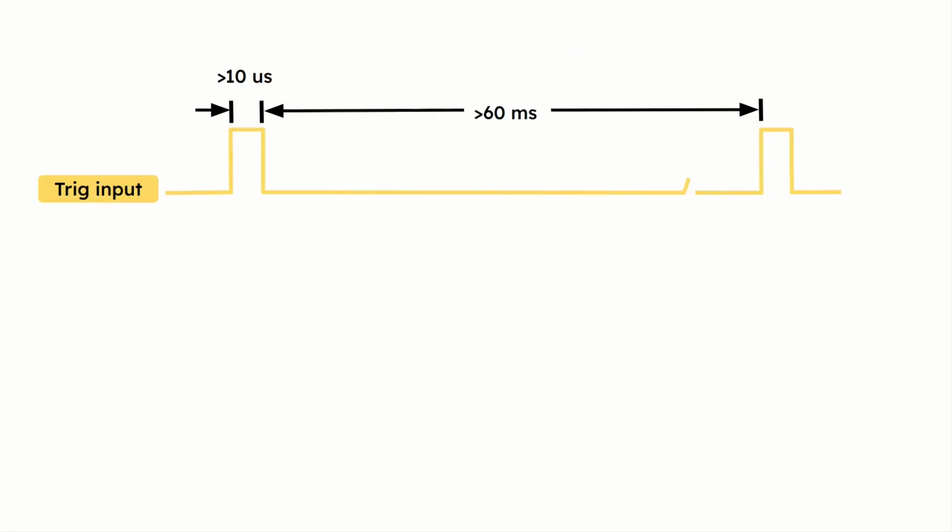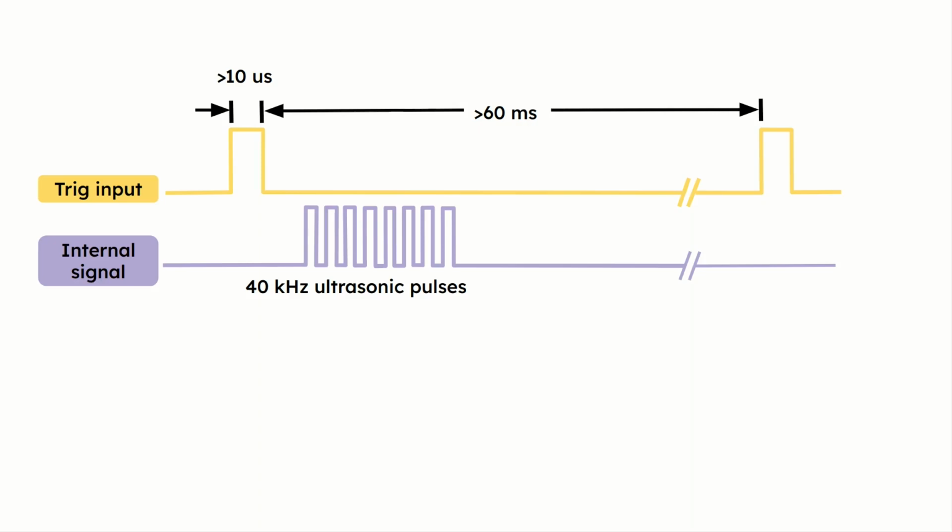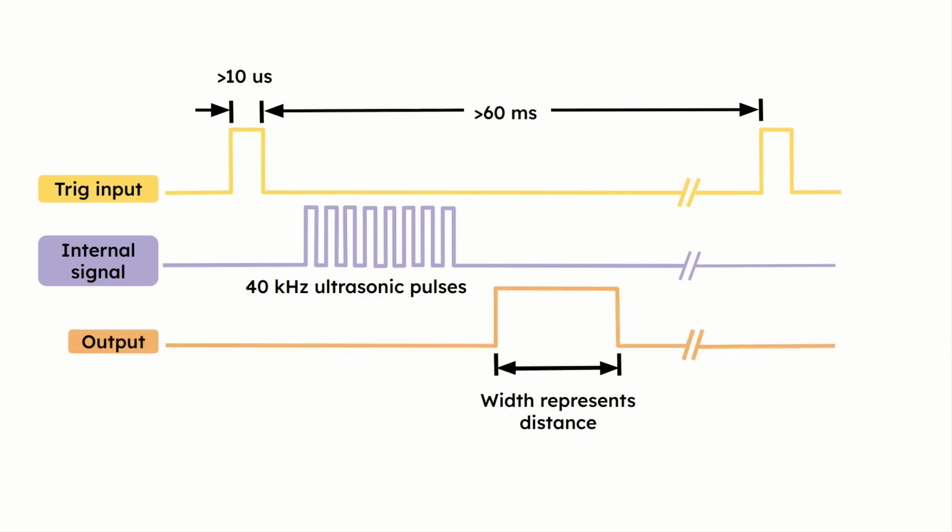To send out an ultrasonic pulse, you need to set the trigger pin to a high state for 10 microseconds. This generates an 8-cycle ultrasonic burst that travels at the speed of sound. The echo pin then goes high and waits for the wave to be reflected.